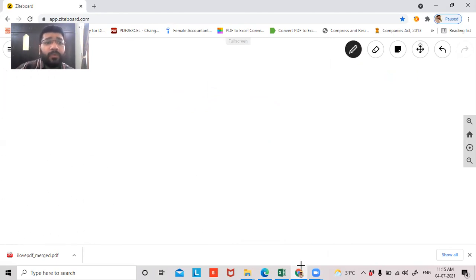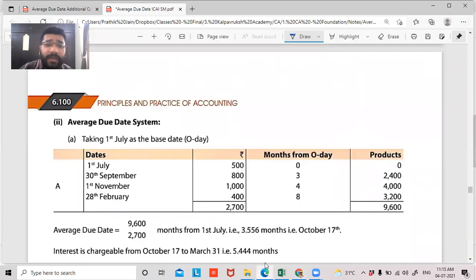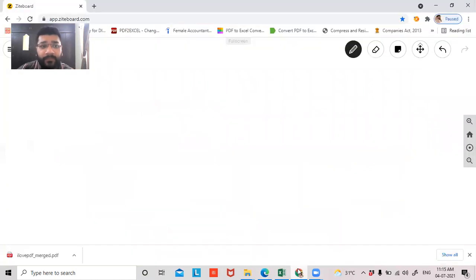So guys, in the average due date method, what is my first column going to be? Date of transaction is not given. So can I say the date of transaction is equal to due date? Normally, if bills are given, I put date of bill, terms, then calculate the due date. Here no due date is required. So can I take the transaction date itself as the due date?